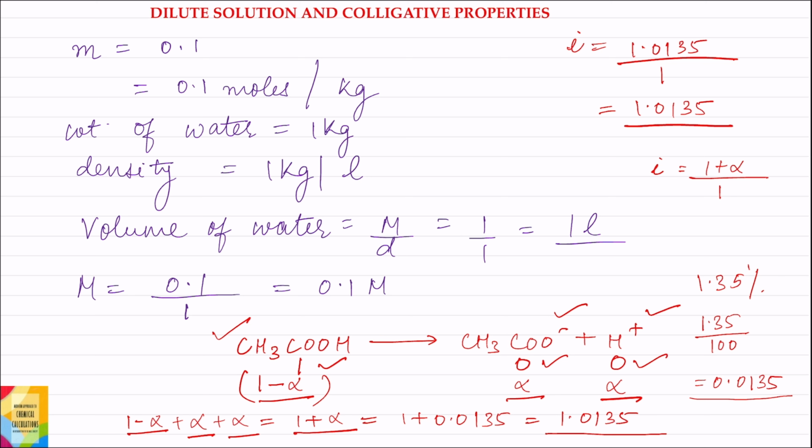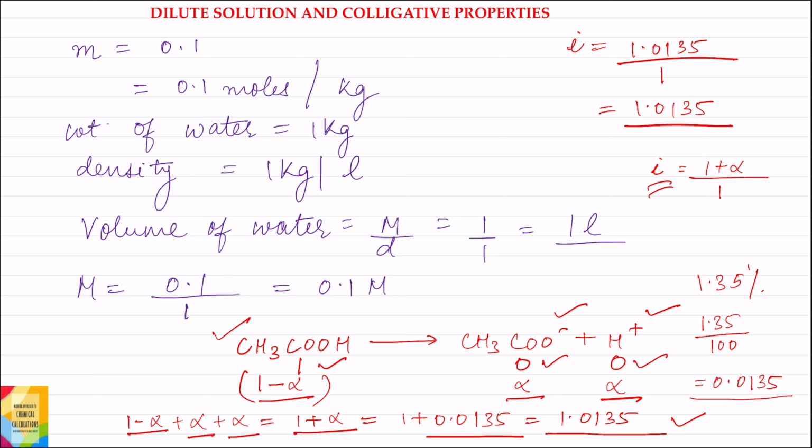Since the percentage dissociation of acetic acid is given, the value of alpha, that is the degree of dissociation of acetic acid, can be calculated from the percentage dissociation and the value of alpha is equal to 0.0135. So 1 plus 0.0135 gives the value of 1 plus alpha, that is 1.0135.